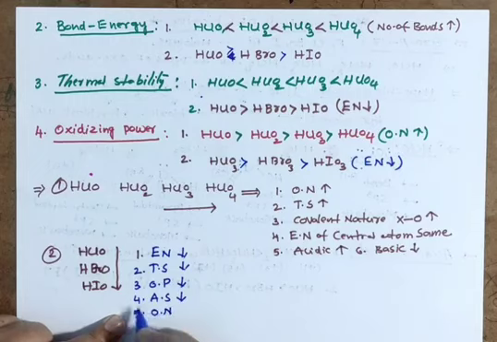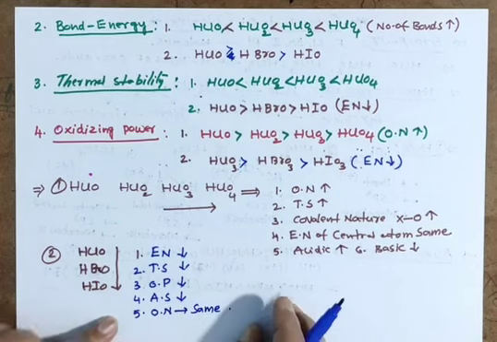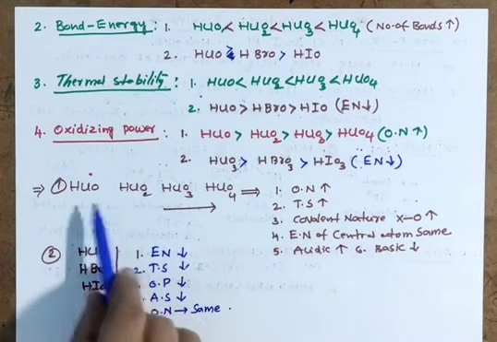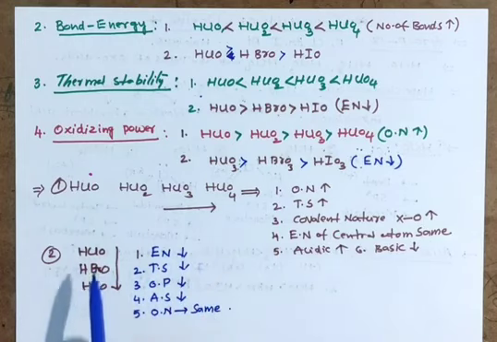Only the central atom oxidation number here is the same. See, this is left to right, HClO to HClO4. This is HClO down to HIO, down the group. So if you remember this, all the properties are easy.